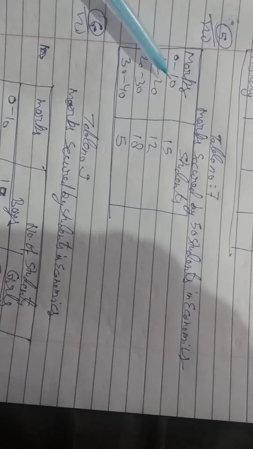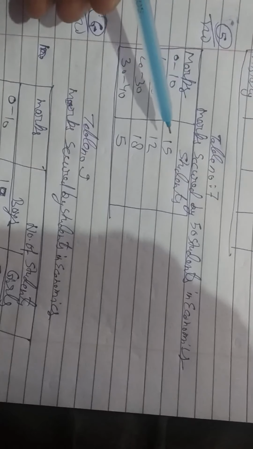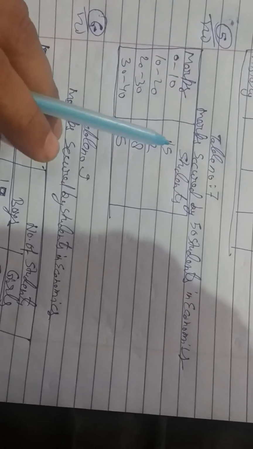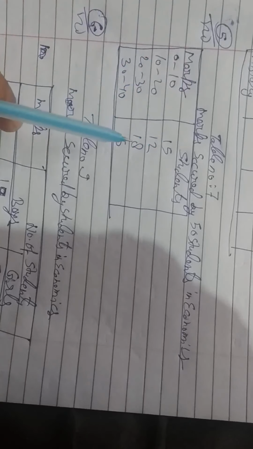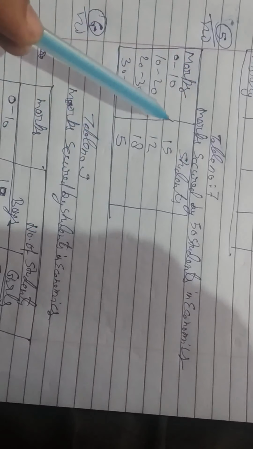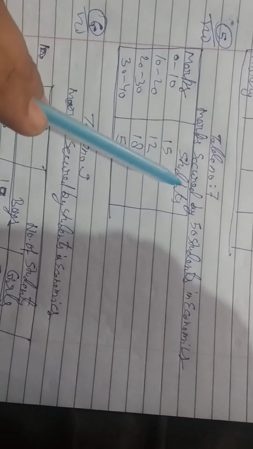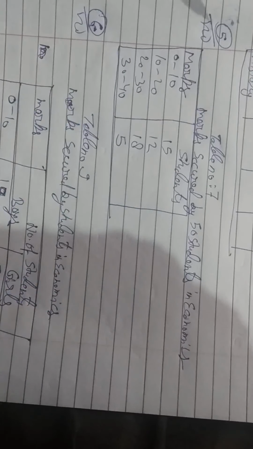Marks 0 to 10, 10 to 20, 20 to 30, 30 to 40. Students, the number of students 0 to 10, 15, 10 to 20, 12, 20 to 30, 18, 30 to 40, 5. So this is the table for the marks secured by 50 students in economics. So this is about this question.